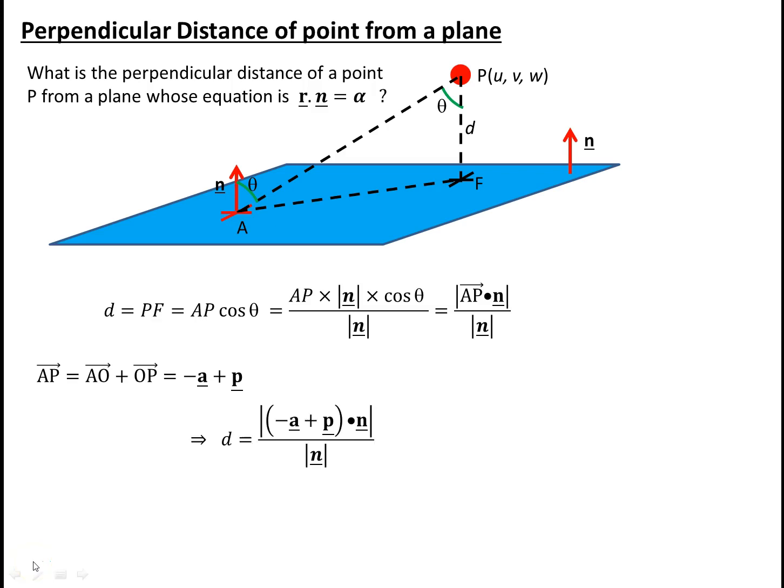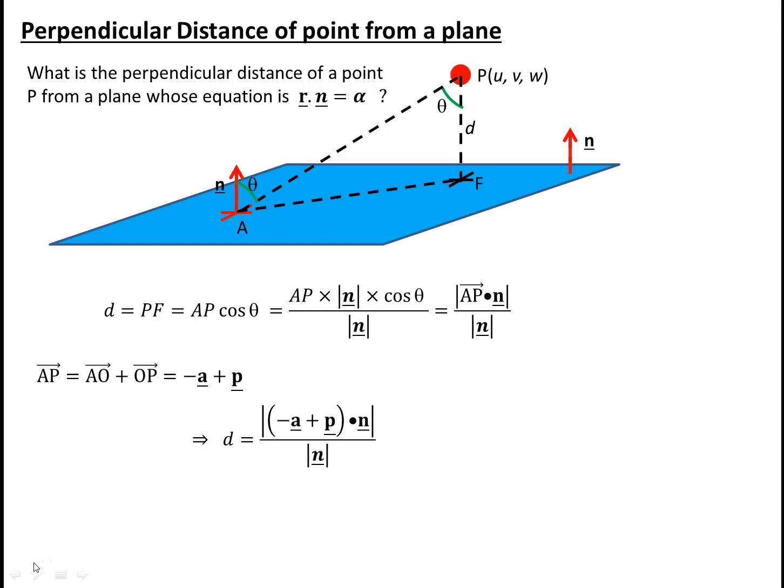So we can now say that d is the modulus of the scalar product of minus a plus p with n, divided by the size of the vector n.